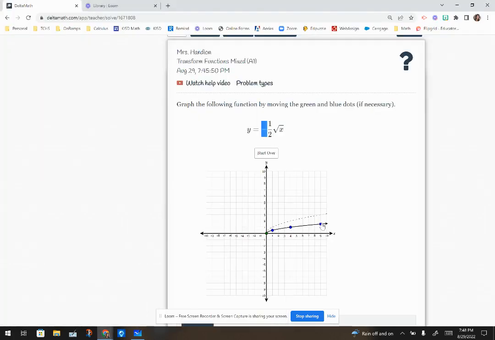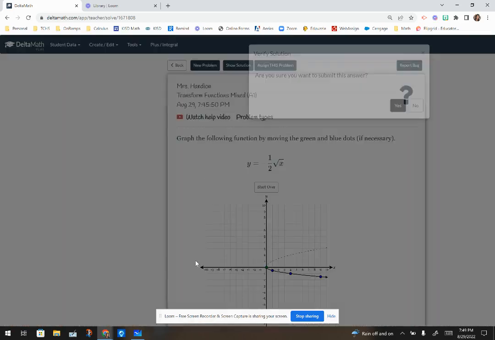So I'm going to take this point or this point or this point, and I'm going to jump over this x-axis. Well, the easiest one for me to jump over is this (4,1), because if it's at (4,1), then it has to exist at (4,-1) when you reflect it over the x-axis. And then I'm done. Now I'm going to submit.